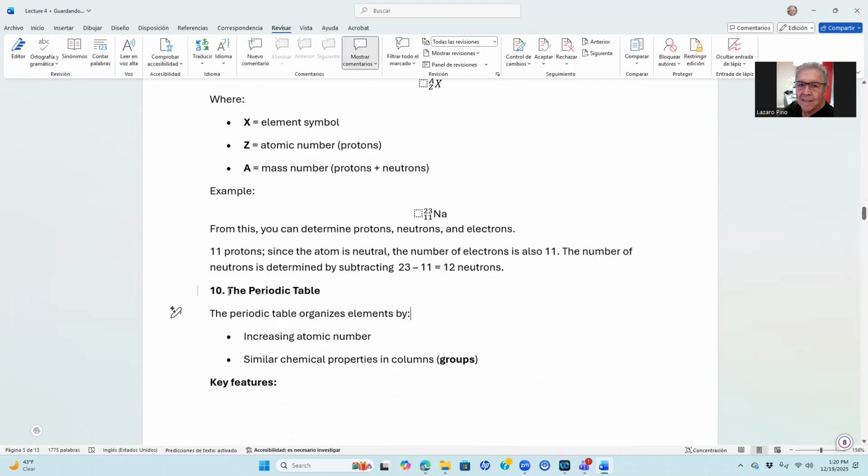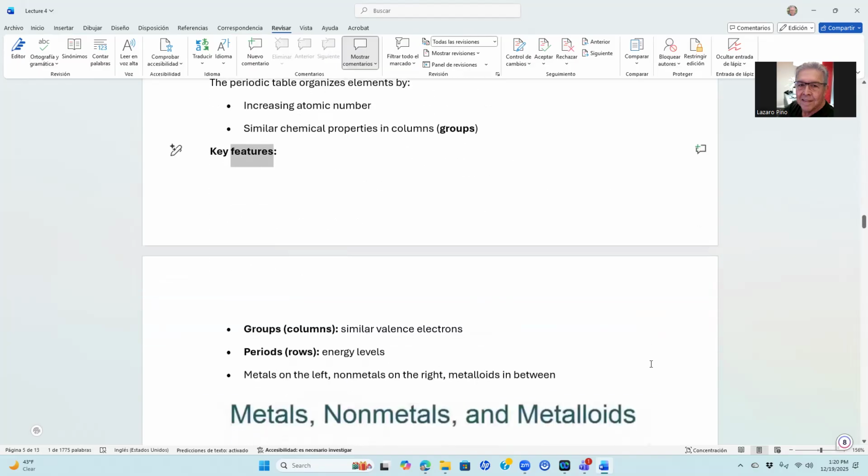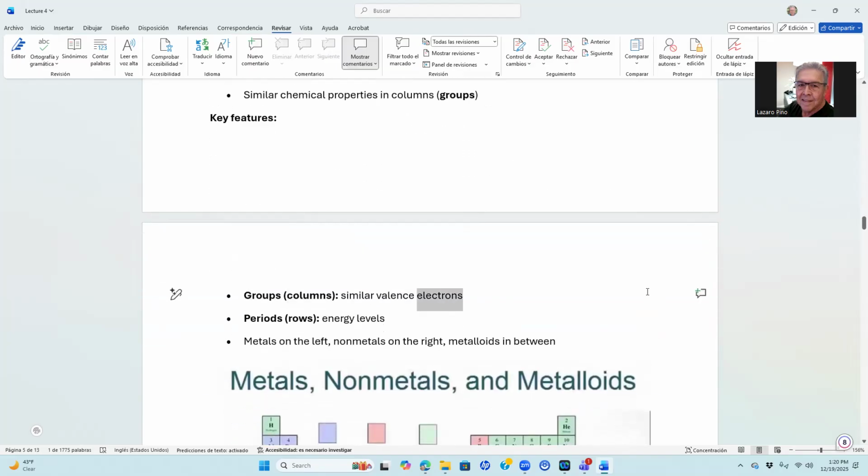Let's continue then. Let's see what is the periodic table. The periodic table organizes elements by increasing atomic number, with similar chemical properties in columns. Key features: groups, columns, similar valence electrons; periods, rows, energy levels; metals on the left, nonmetals on the right, metalloids in between.